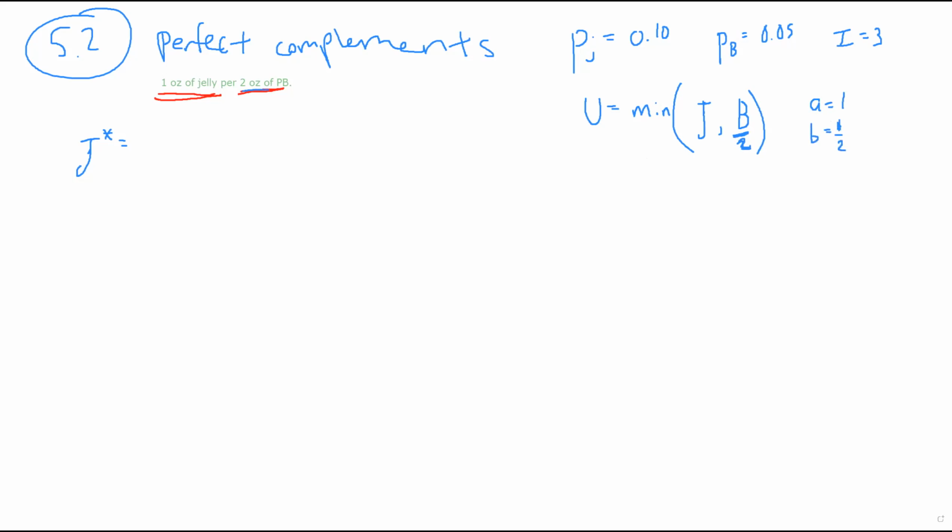Okay, now I can go use my cheat sheet for perfect complements. That would be B times I. In this case, I is 3 over B times the price of jelly, which is 0.1, plus A times PY.